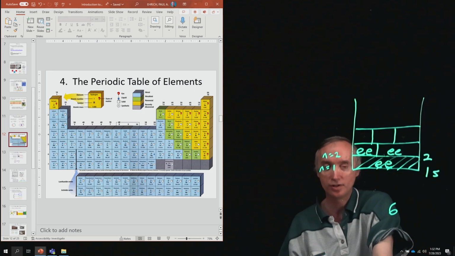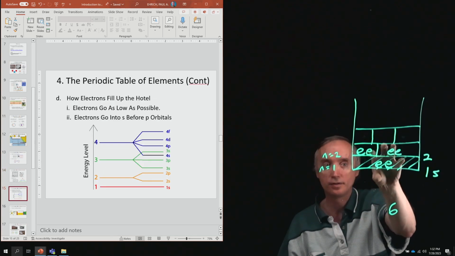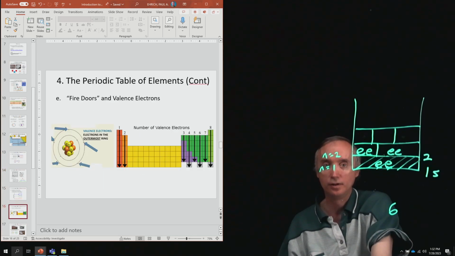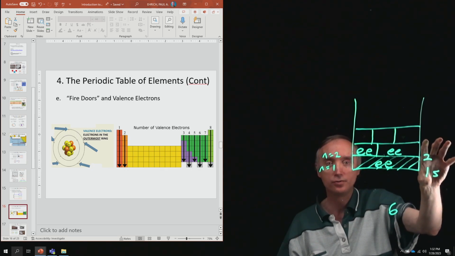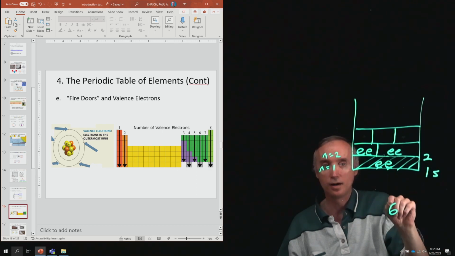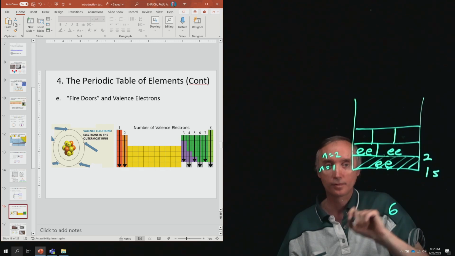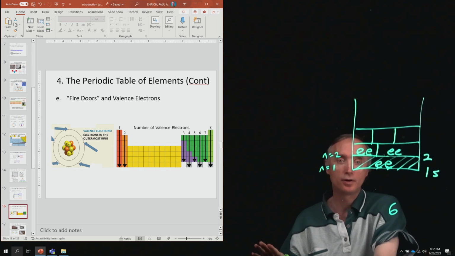So isn't that so much easier than trying to figure out all of this stuff here? You're just counting the column where it lives, and then it goes all the way over to column 8. Very, very important. Column 8. Okay? So I'm not going to ask you anything about the yellow part there.